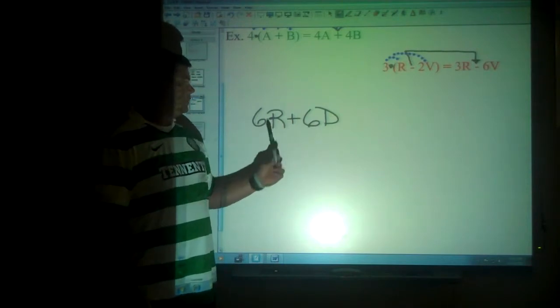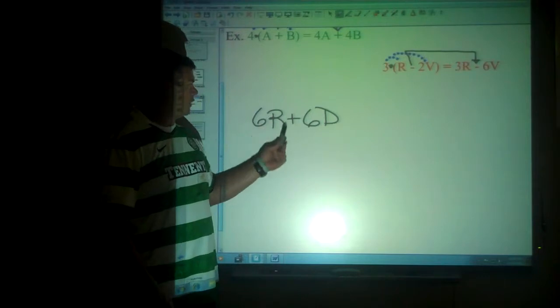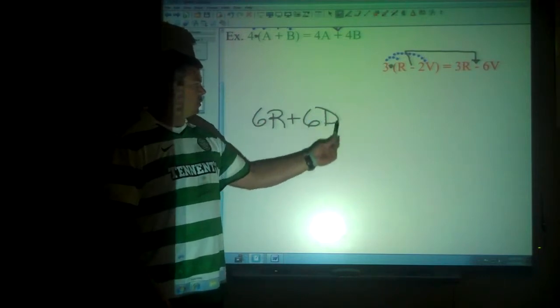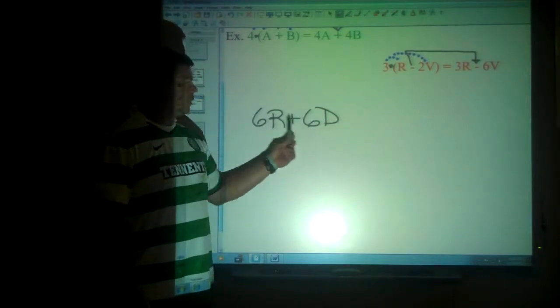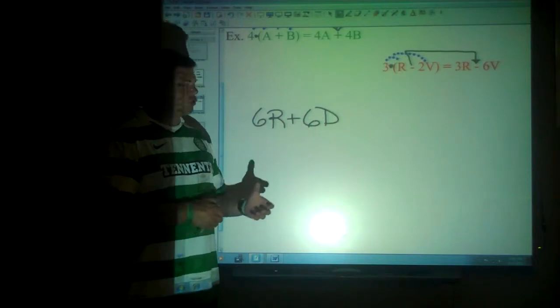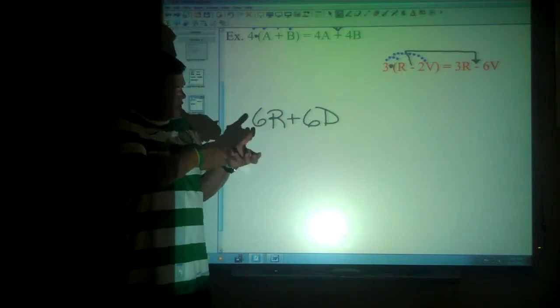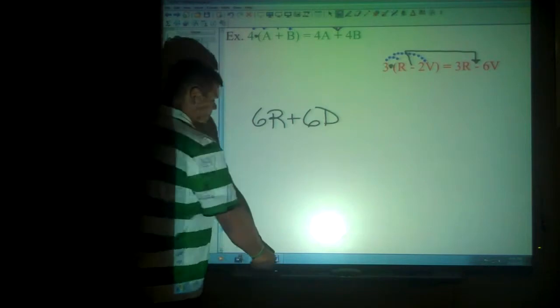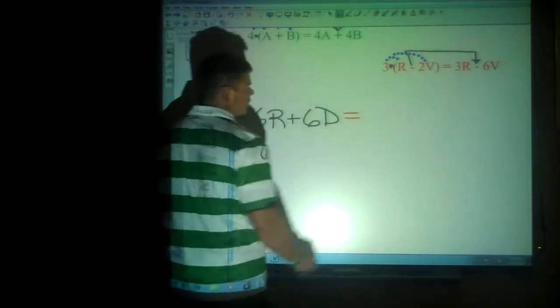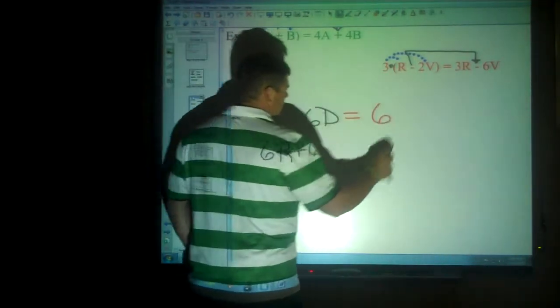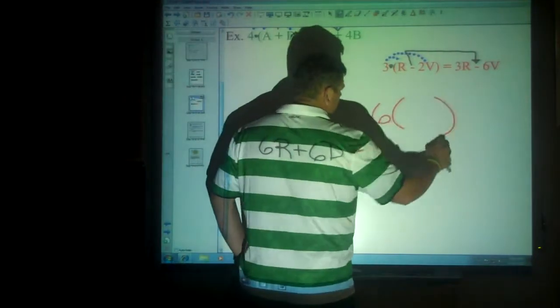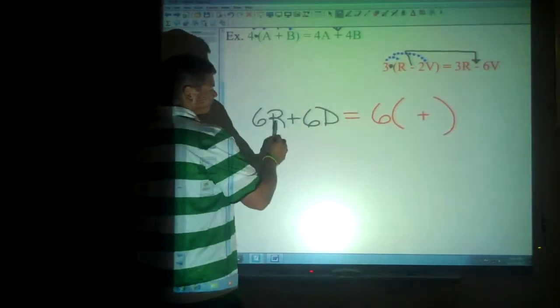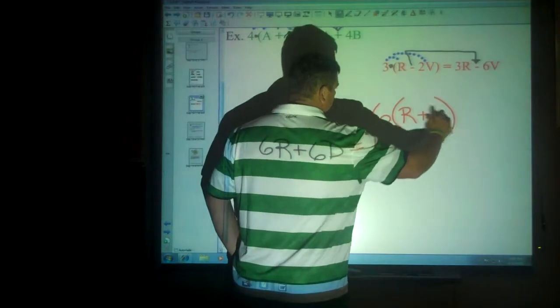Well, the 6 is common to them, not the R. The R is only on this term, not the D. The D is only on this term. But the 6 is in both of the terms. So if you use your giant distributive vacuum and you suck the 6 back out of both of these, you could go the other direction with your distributive property and have 6 on the outside. And on the inside, you'd be left with R and D.